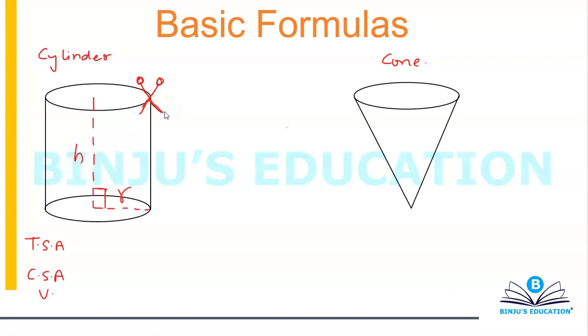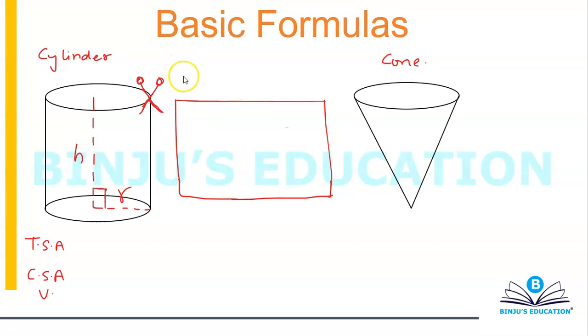When you open this up, it's going to be a sheet of paper. You can also imagine it the other way around: when you roll this sheet of paper, it's going to be a cylinder.